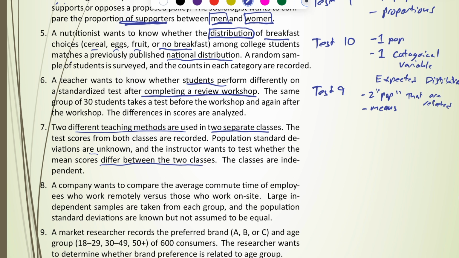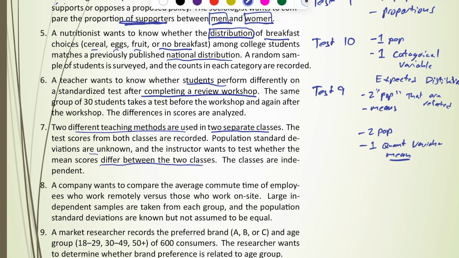So I see here two populations, one quantitative variable, and they want to find the mean. So this is going to be tests 5 through 8.